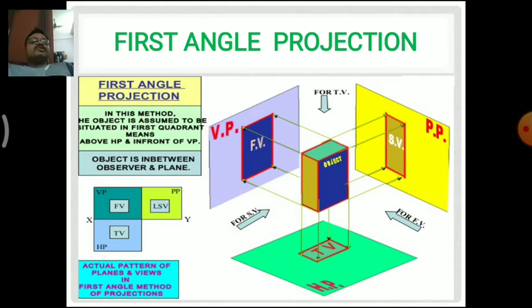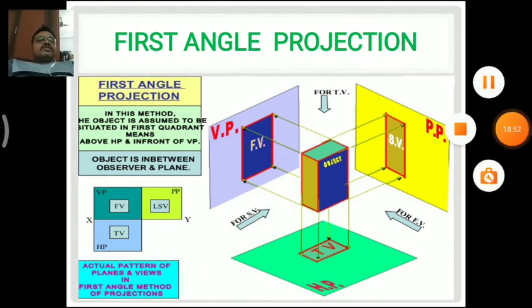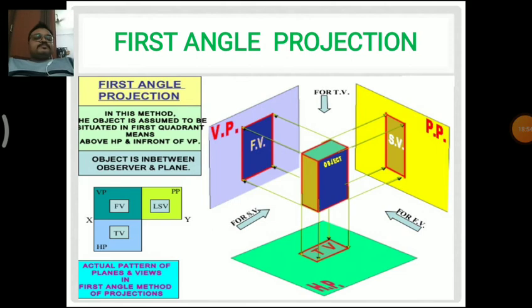You can see the top view of the object in a mildish green color, which is leaf green, and that is projected below the reference line. So these are the basic adjustments we are going to do in the first angle projection method.